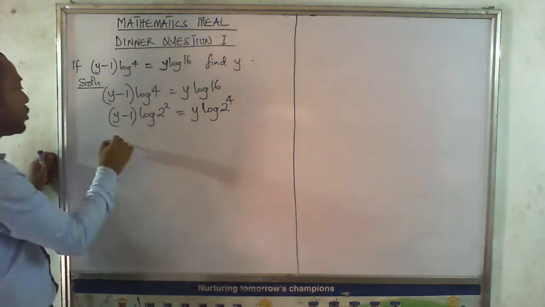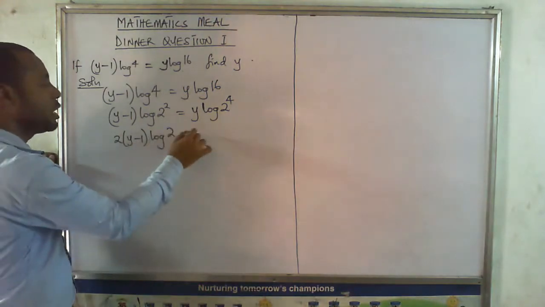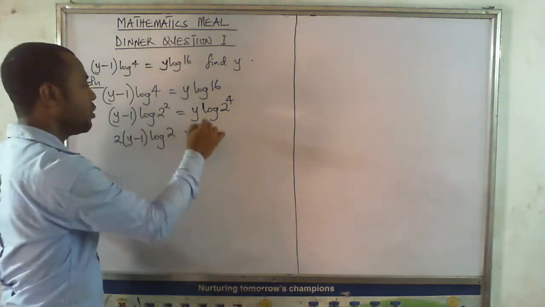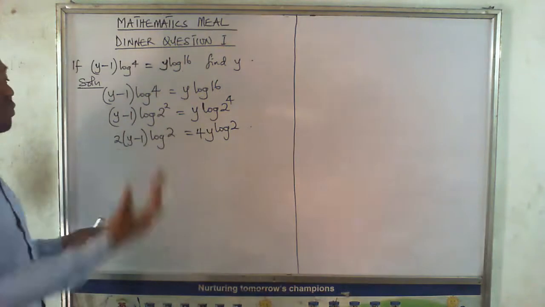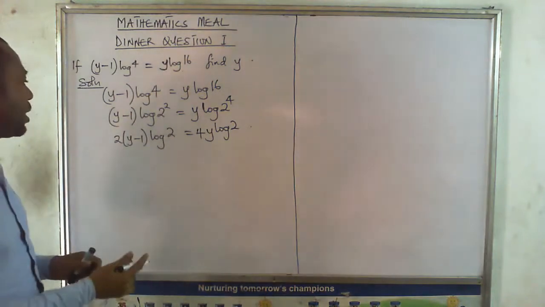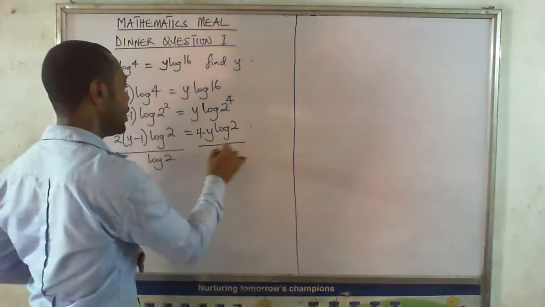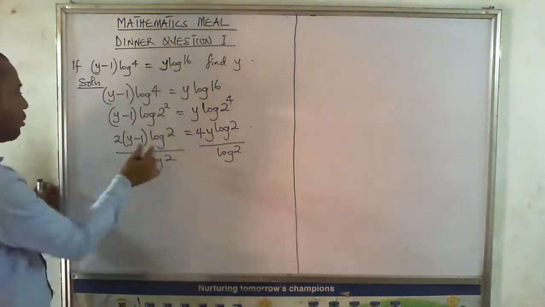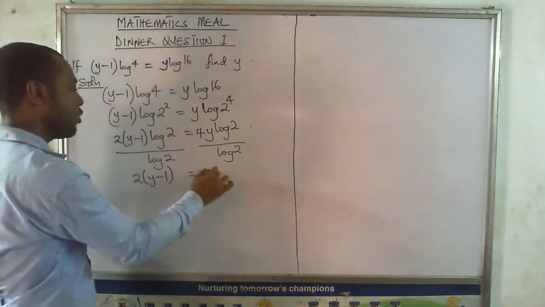So this will give me 2 bracket y minus 1 log 2 equals 4y log 2. We have log 2 on both sides, so we can divide both sides by log 2. I'll be left with 2 brackets y minus 1 equals 4y.